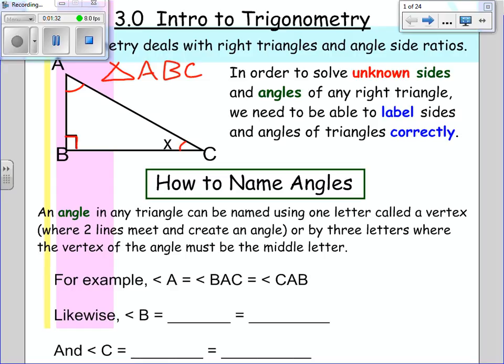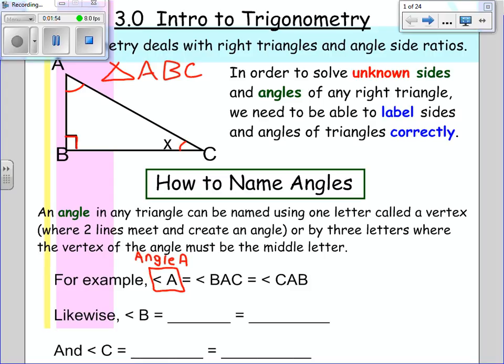When they write it mathematically, it looks like this thing right here. That says angle A in math. So on a question on a test, they might say find, and then they'll use those symbols.